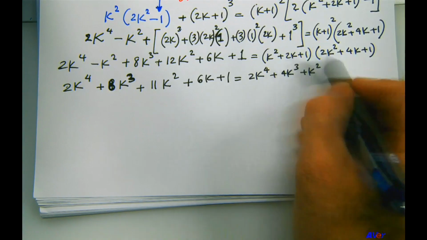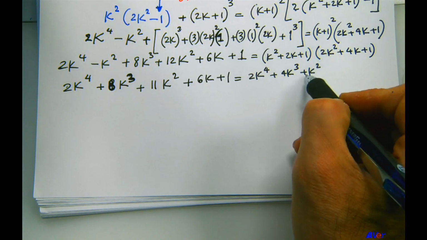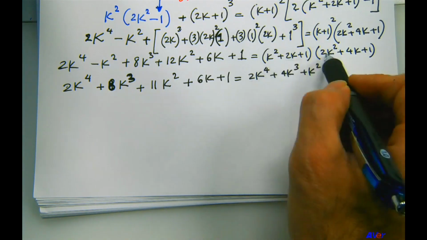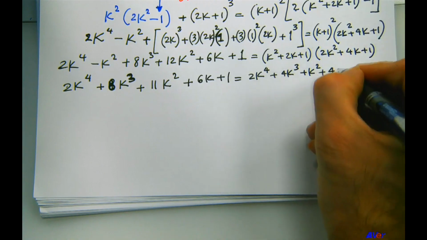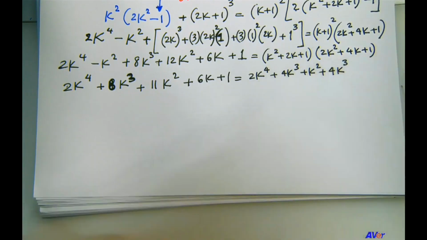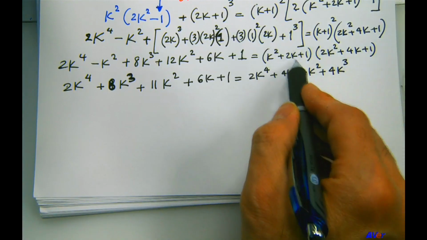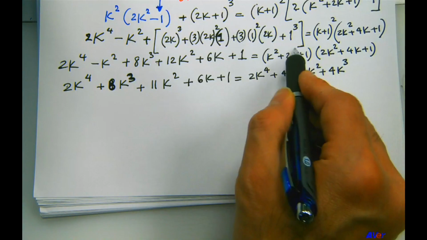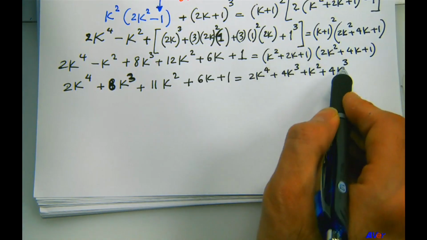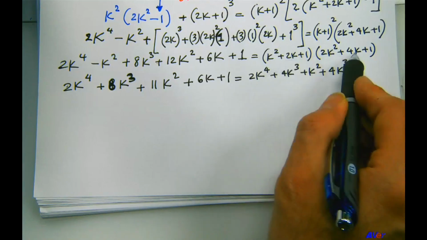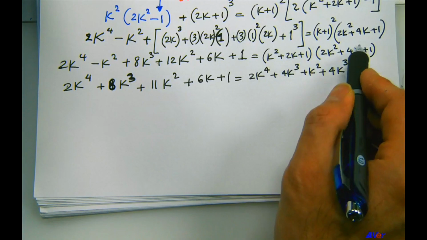Then 2k times 2k squared is plus 4k cubed, right? We add the powers. 2 plus 1 is 3. 2 times 2 is 4. K to the 1st power times k to the 2nd power, add the powers, k cubed. Then 2k times 4 is 8k squared.